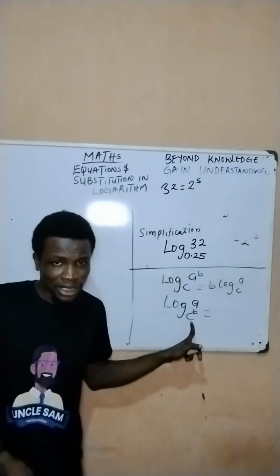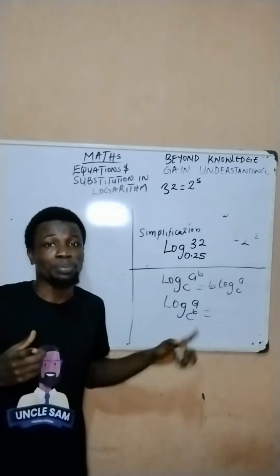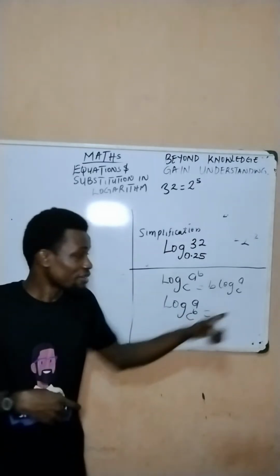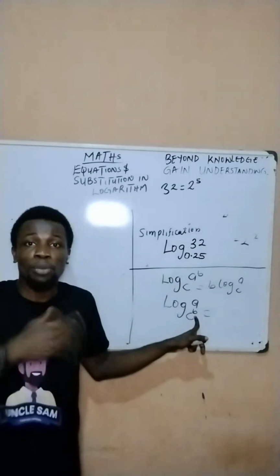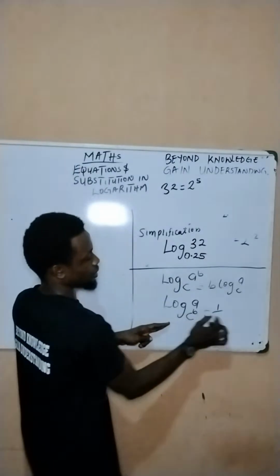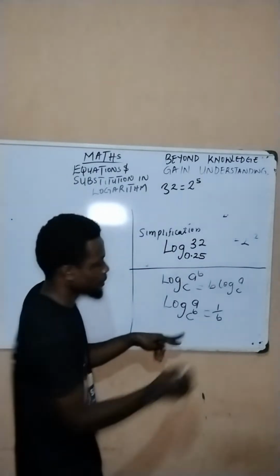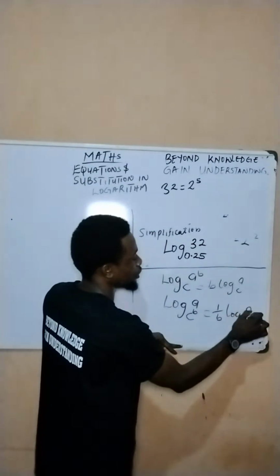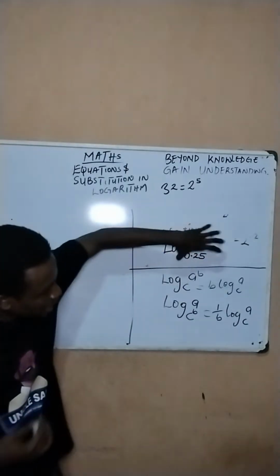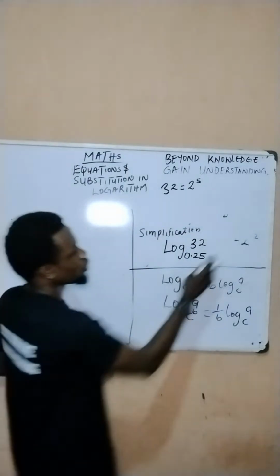If it was the base, what I simply said was it's going to be the reciprocal or the inverse of the power of the base multiplying the log. So this is the same thing as what? 1 over B. That's the power of the base becoming the coefficient of log A base C.